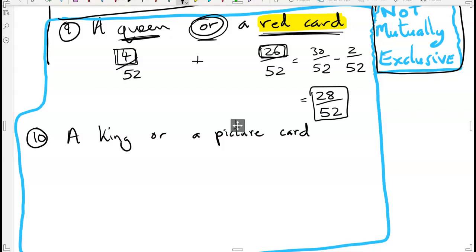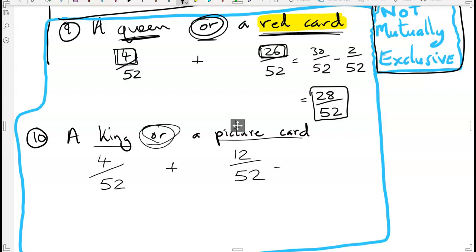This next question is the very same thing. What's the probability of getting a king or a picture card? Well, the probability of getting a king is 4 over 52 because there's 4 kings in the deck. The probability of getting a picture card is 12 over 52 because there's 12 picture cards in the deck. Or means you add them. That's 16 over 52.